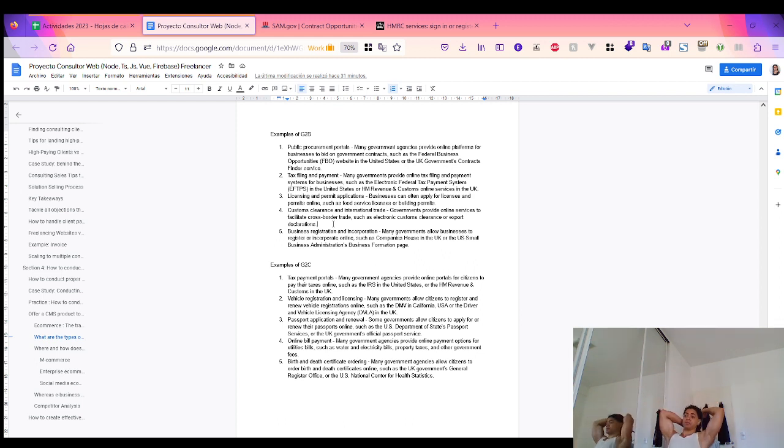Business and government can again provide licenses and permits online, such as food service license or building permit.